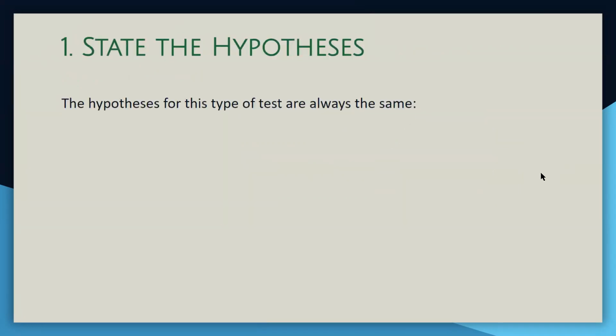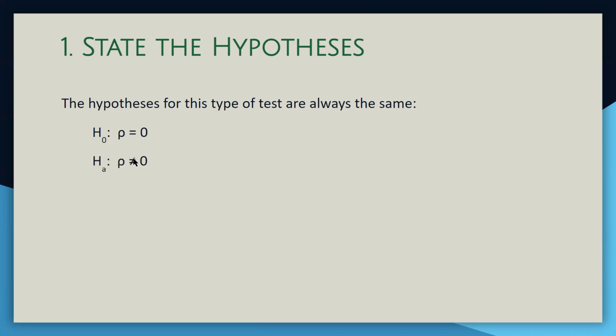So when we state our hypotheses for a test of significance, they're always the same. The assumption, that null hypothesis, is that the population correlation coefficient rho is equal to 0. So our base assumption is that there's no relationship between X and Y in the population.